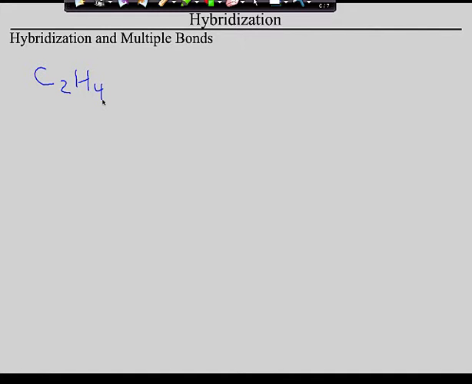You'll see why in a minute, and if yours isn't, that's fine. But in the end, this is what this molecule looks like. The carbons are double bonded together, right?